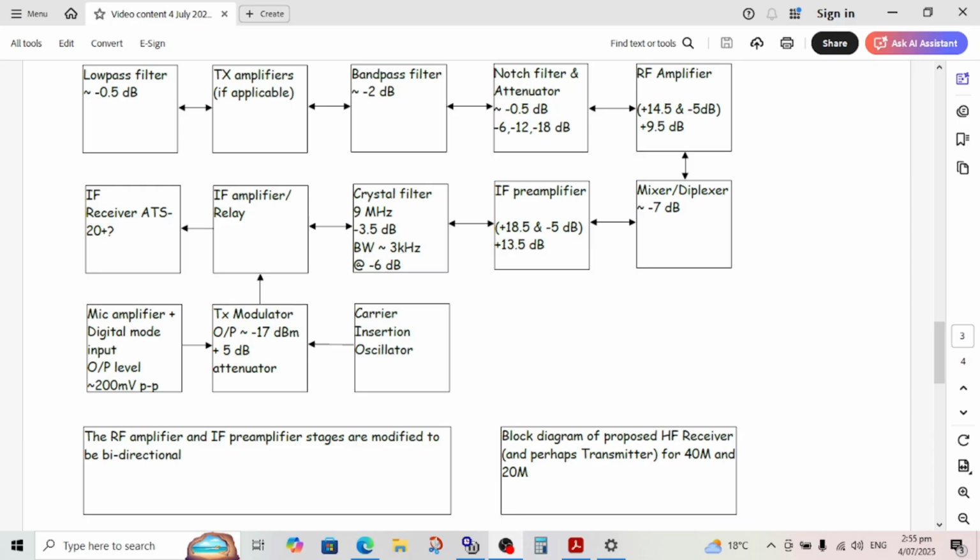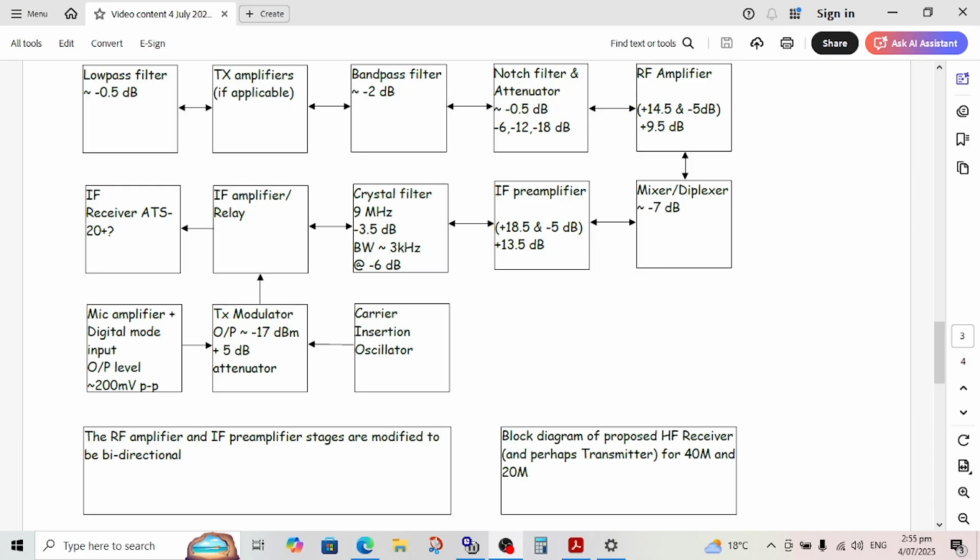If I intend using it as a transmitter, then I can use a TX modulator using a similar mixer to what is in the front end mixer, and that can produce a double sideband signal, which is then filtered into a single sideband signal in the crystal filter.